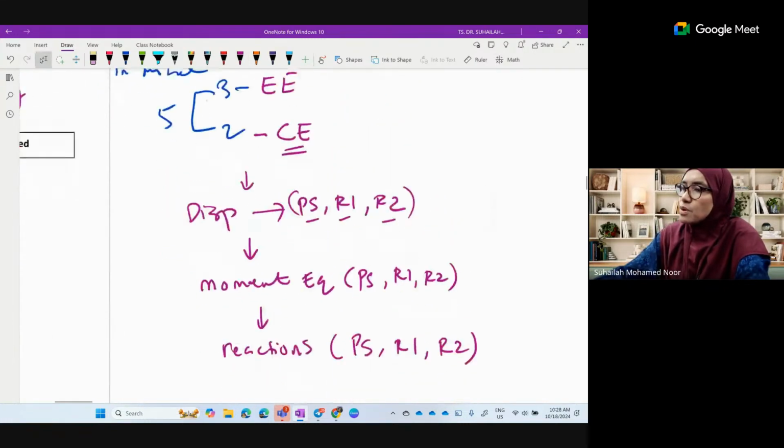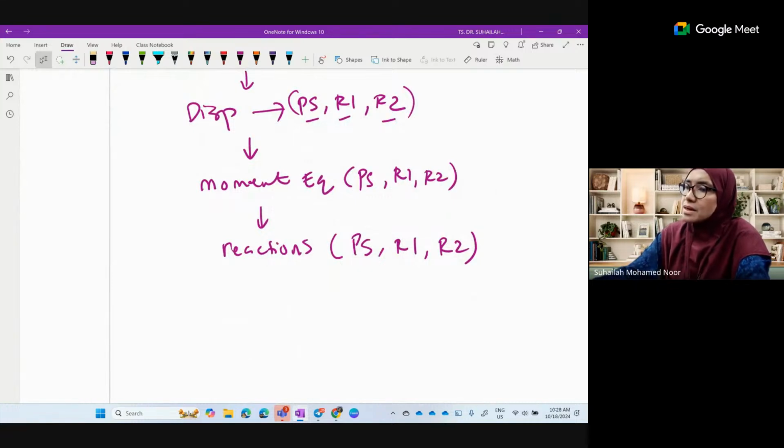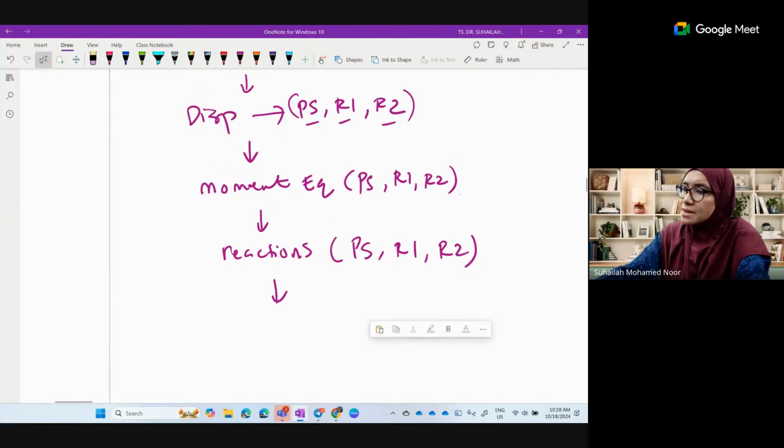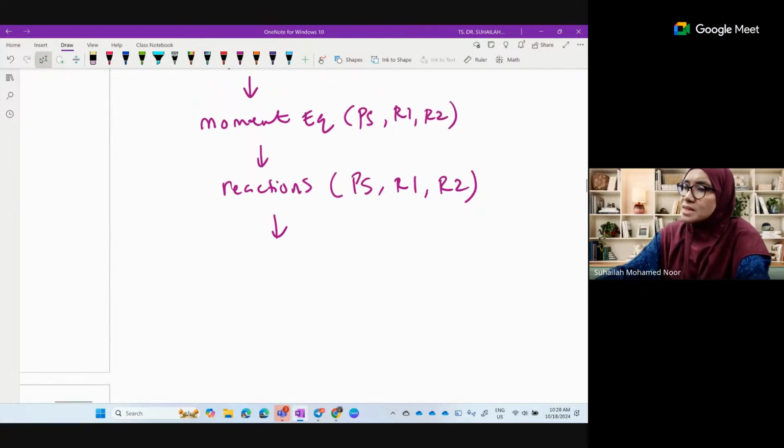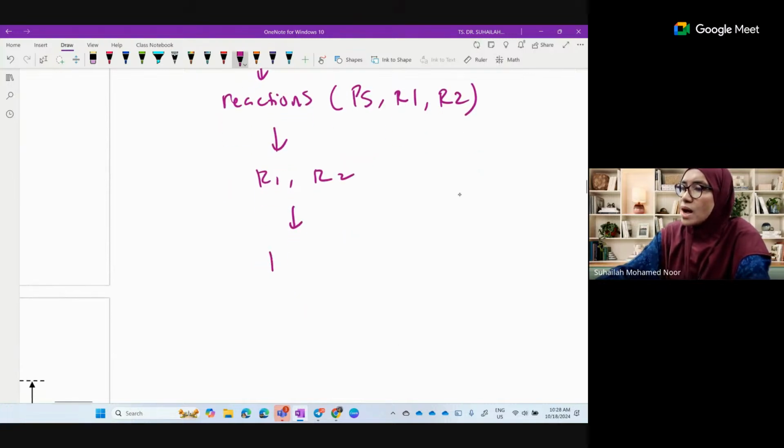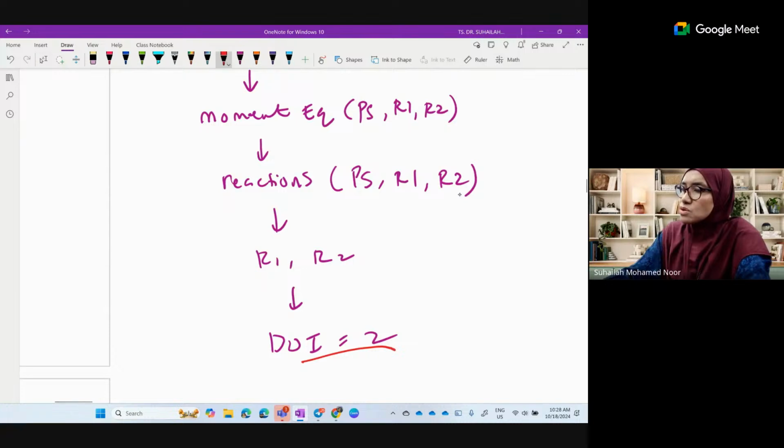So this is the process. Here we will choose the redundant and decide what the redundant is. That's why the first step before this is DOI: we identify DOI, choose DOI, then remove DOI, remove redundant. When we remove redundant, we apply the principle of superposition here.